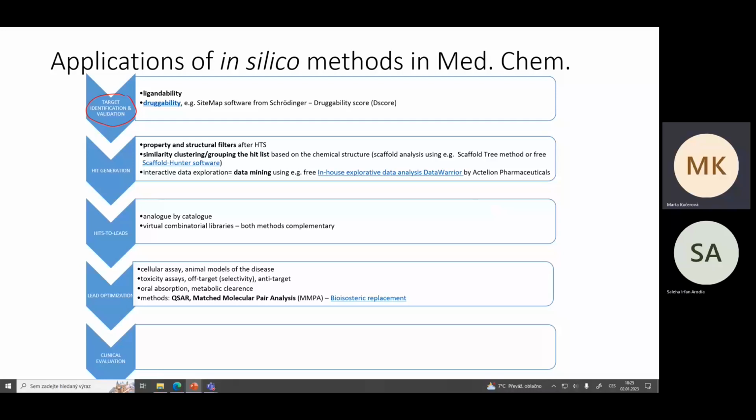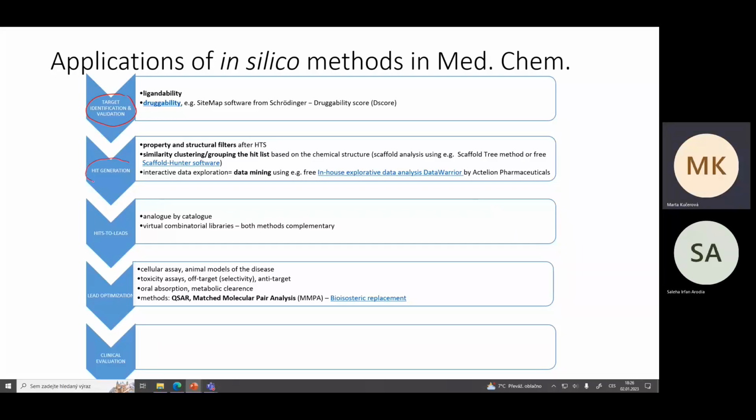So a protein is judged from the point of ability to bind to any specific ligand. Not all proteins are able to become targets of drugs. So there is sophisticated software that is able to judge it or score it, actually.